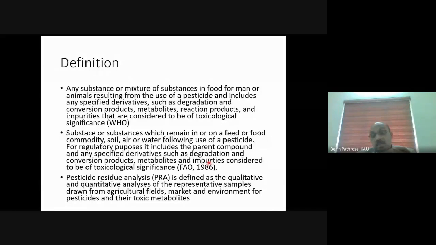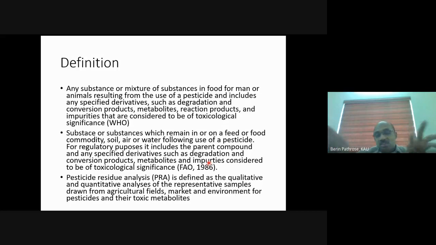Residue is defined by the Food and Agriculture Organization as substance or substances, because it can constitute residue from a single pesticide or from two pesticides. Sometimes what can happen is that if you spray a pesticide, it can lead to the formation of another compound which is also as toxic as the parent compound.